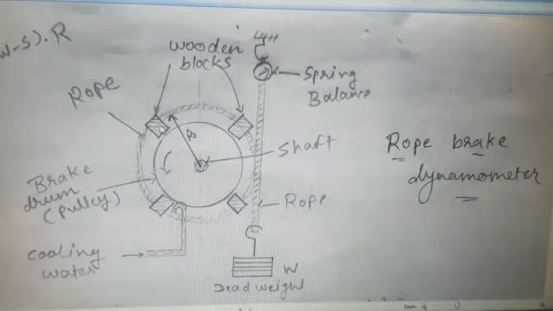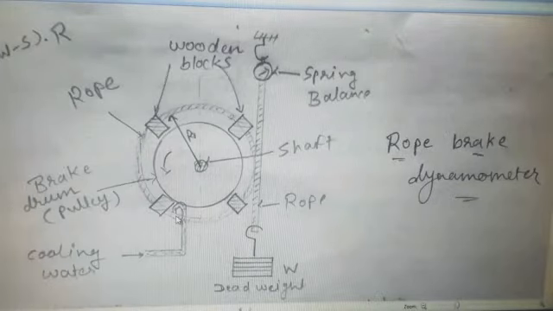The heat generated is so high that the pulley is provided with internal flanges on its rim, which form a channel for the flow of water to cool the pulley and drum. So we have to cool this pulley to avoid the high heat, and we provide this cooling water to reduce the heating effect.